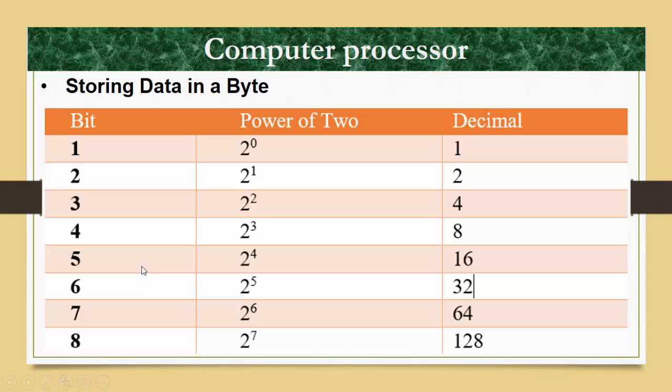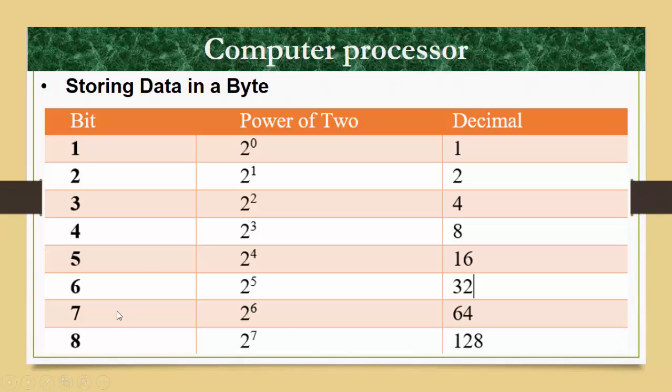And also the fifth has a value 2 power 4, and that has a value in the decimal number like 16. The sixth one, students, has a value like 2 power 5, and that's equal to decimal number 32.